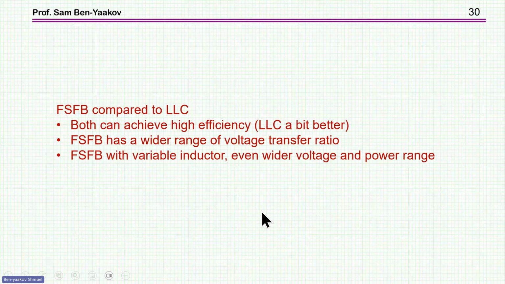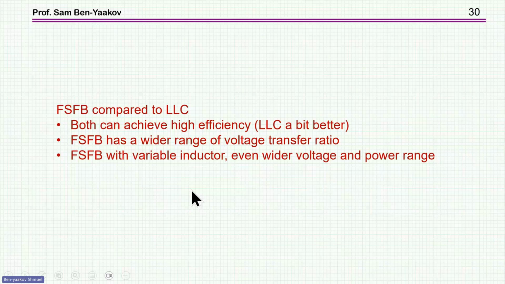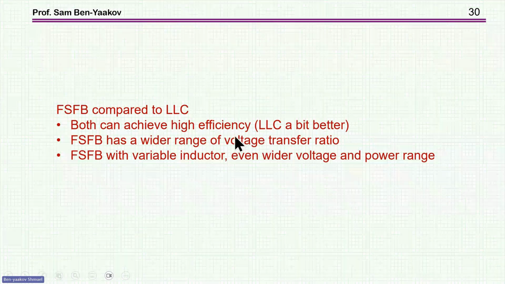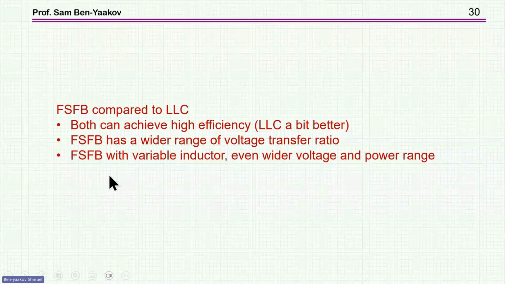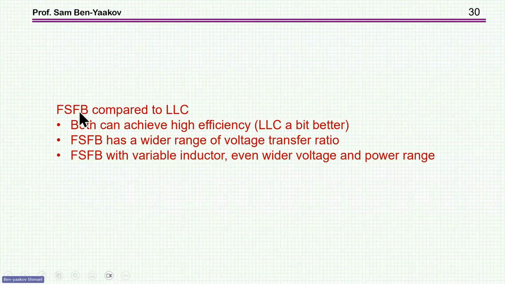One side point that many may be wondering about: when you compare the two best converters that we have today, the LLC and the phase shift full bridge, how do they compare? Well, there are a number of studies that have been done, and in general, you can say the following. The LLC has a little bit higher efficiency, but the range of input to output voltages is wider with the phase shift full bridge.